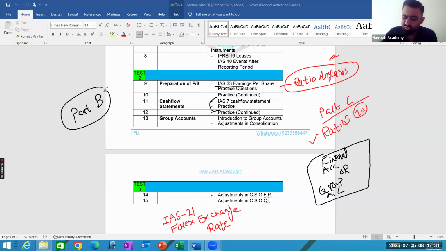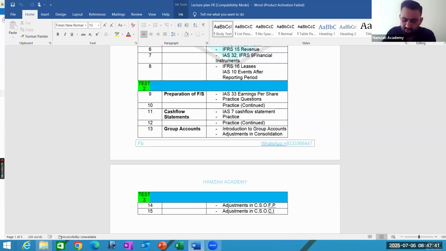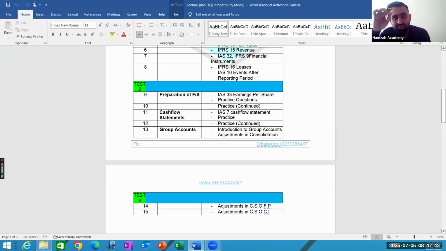Okay, and Part A and Part B of your exam will cover the whole syllabus. From IAS 16 to group accounts, Part A and Part B will cover all the parts, but in Part C, one question will be from the ratio analysis, and the second question will be from the final accounts or maybe from the consolidated financial statements.